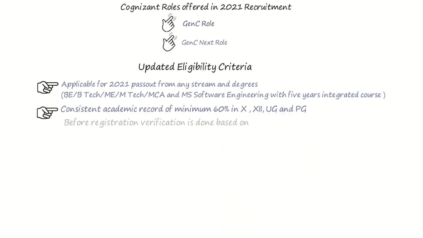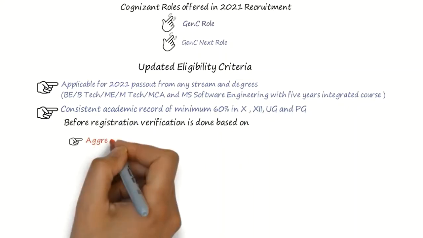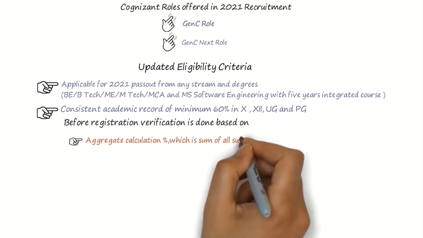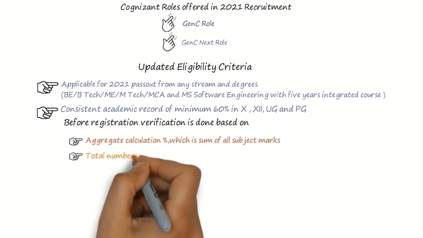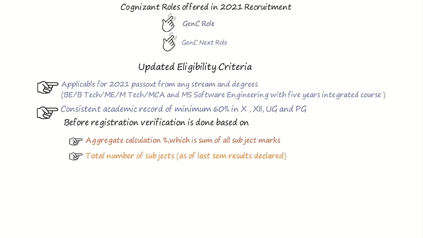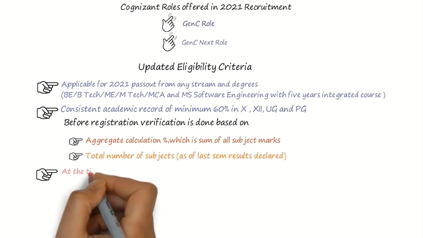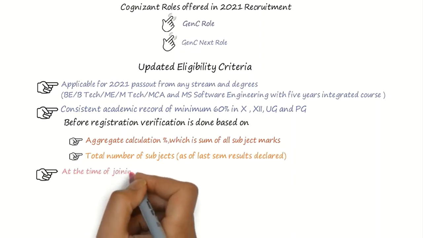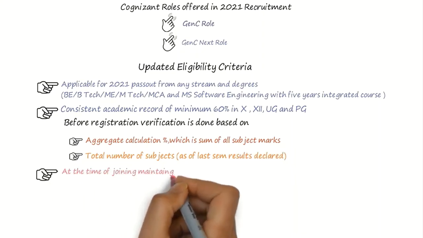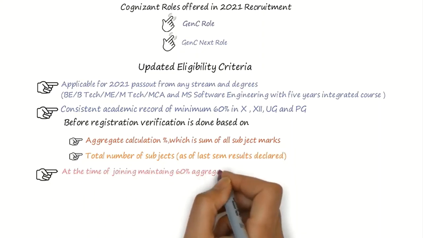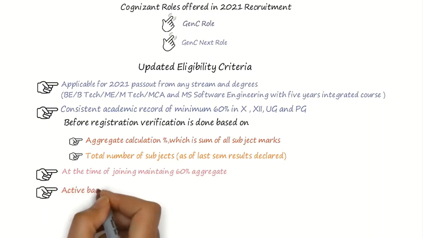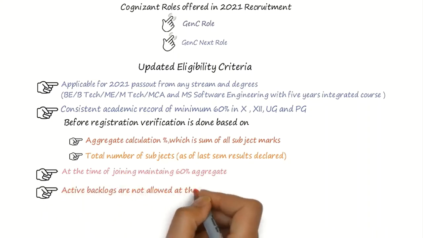So before registration, verification is done based on aggregate calculation till last declared semester results. Even at the time of joining, they would check for 60% aggregate. That is, the result of the semester yet to be declared also needs to have more than 60%.